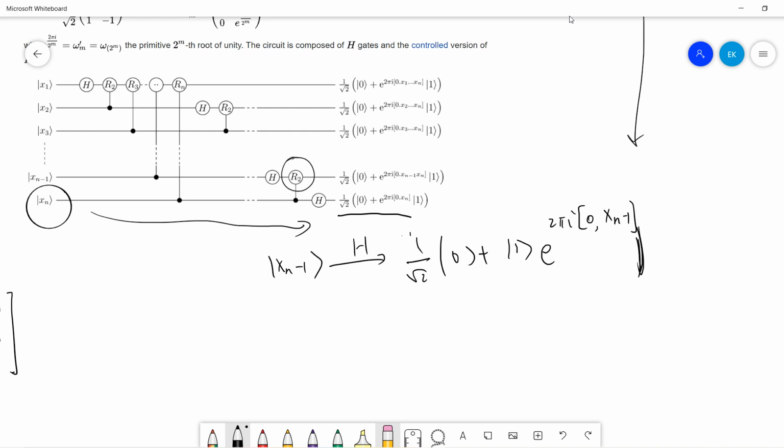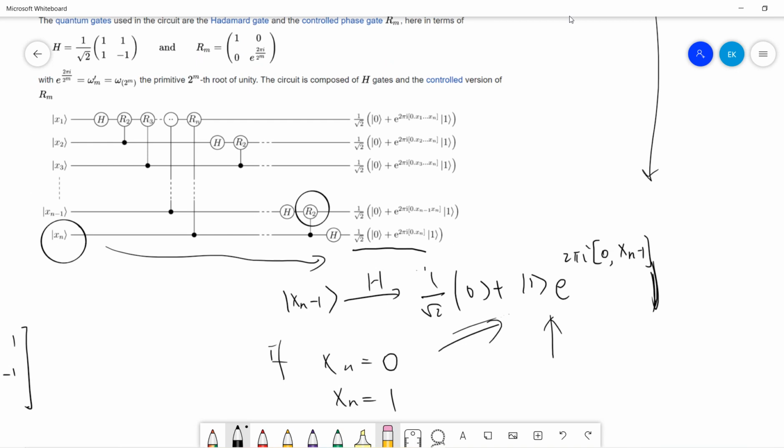Then if you use the controlled R2, that means if xn is 0, then you get the original 1, right? If xn is 1, then you will get the additional phase, right? And this additional phase is exponential 2 pi I, and this is R2, so it's 2 squared.